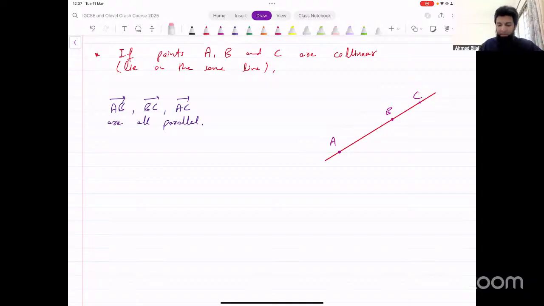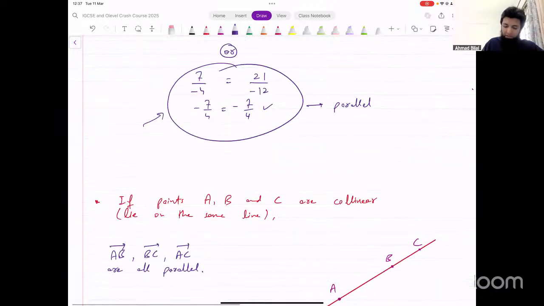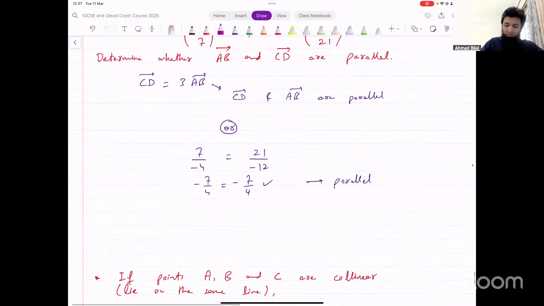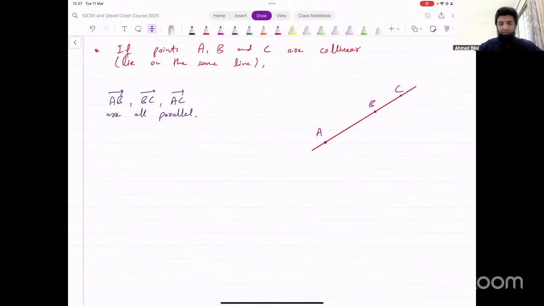Parallel means that the ratios of their corresponding components are going to be equal like this, or one of them can be written as a multiple of the other, right? All of these conditions apply to them. If 3 points are on a straight line, that means all these vectors are going to be parallel to each other. Okay, that's another thing that you will keep in mind while attempting questions.